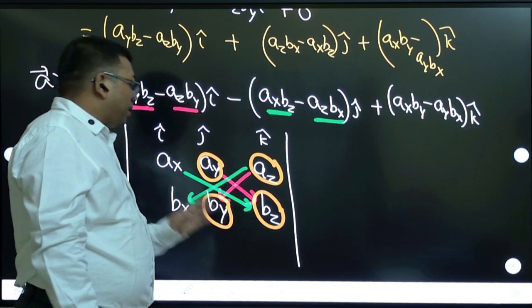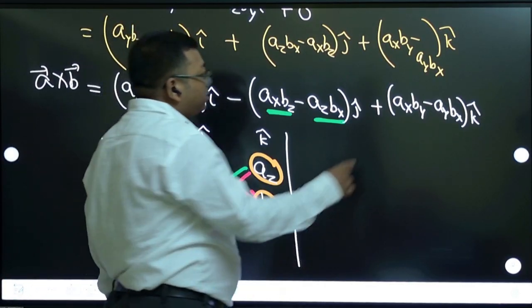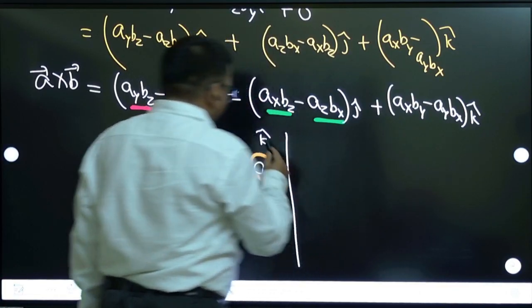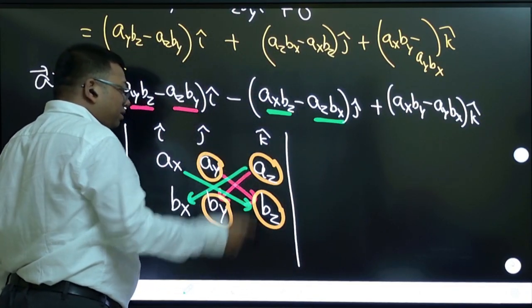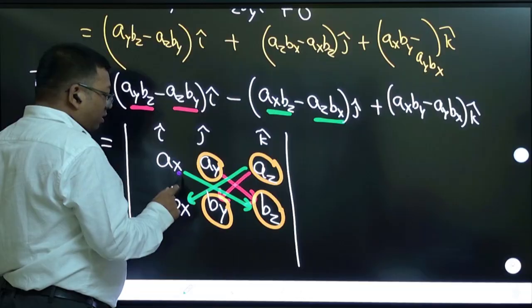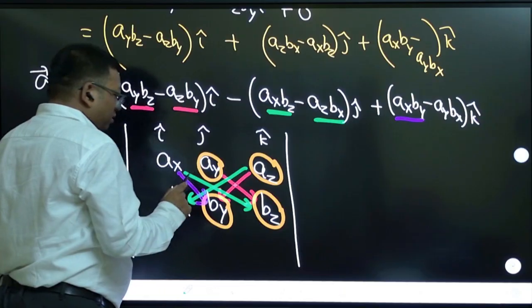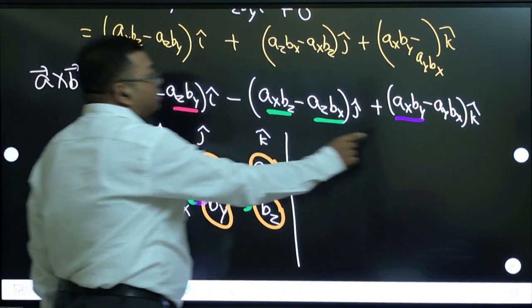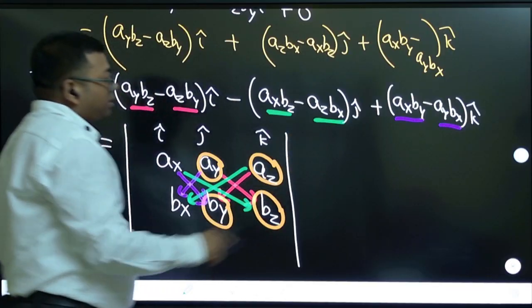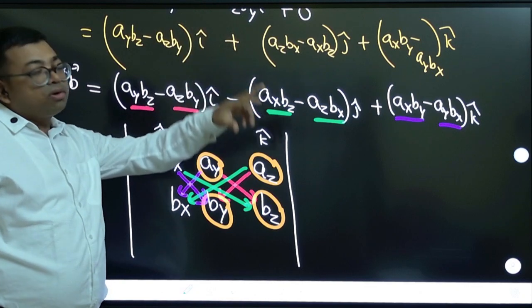And then for the third one, you leave the third column. Then you have ax by minus ay bx. That's how we are getting this entire expression.